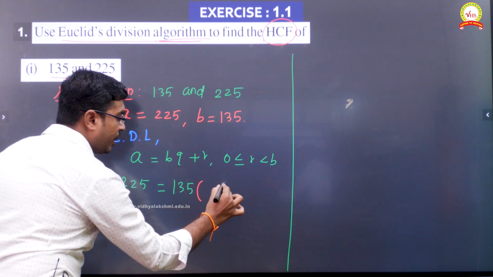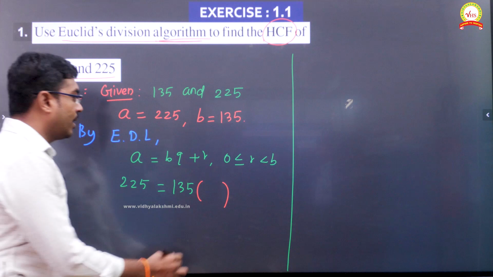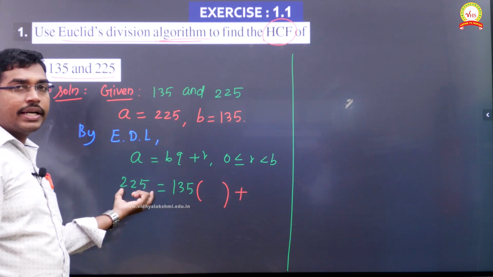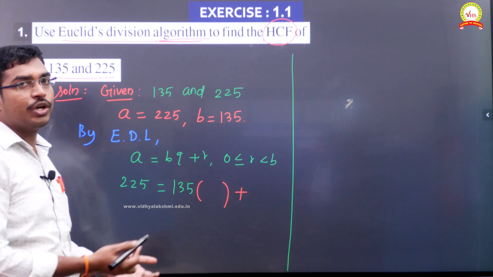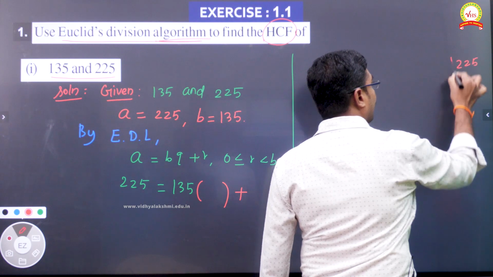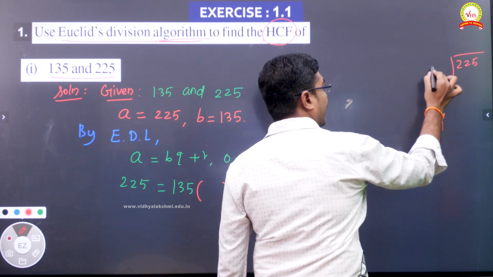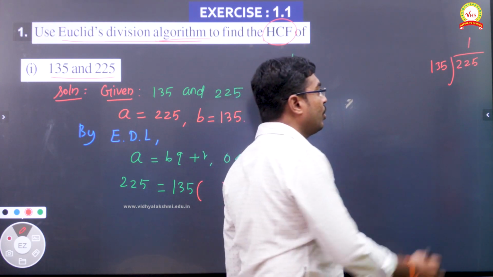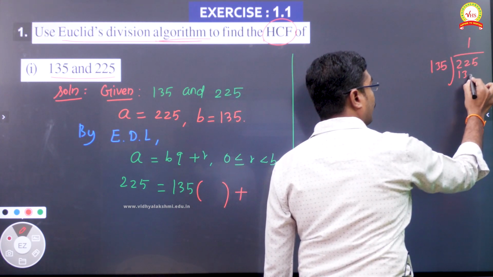So now we need to find the quotient and remainder. Okay. This is the dividend, this is the divisor. I am going to divide it. 225 divided by 135. So it is possible one time. Yes or no? So 1 into 135, 135.